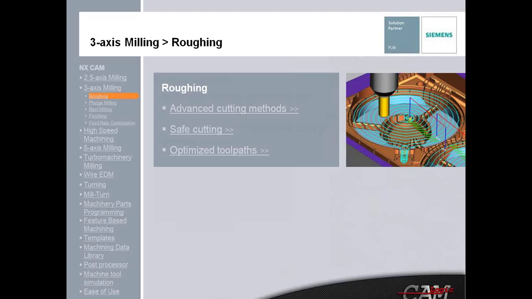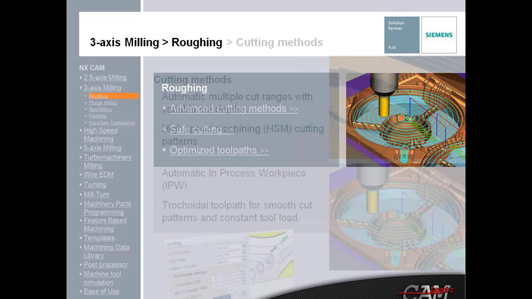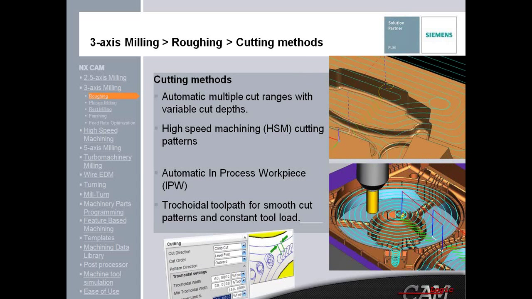So the first topic that we're going to discuss is the roughing side of NXCAM. Inside NXCAM, the roughing methods that assist with high-speed machining include automatic multiple cut ranges with variable cut depths.